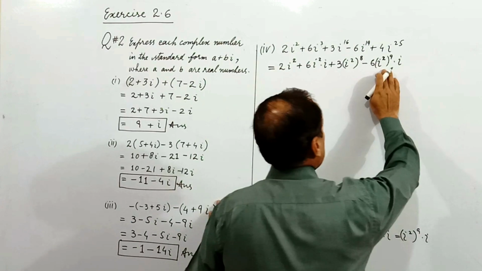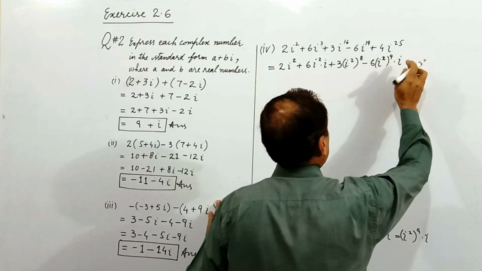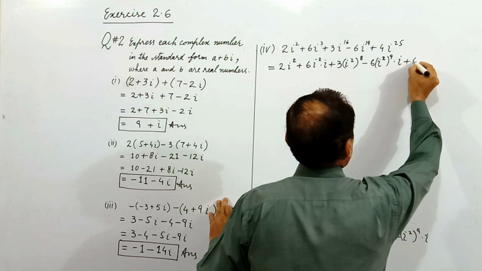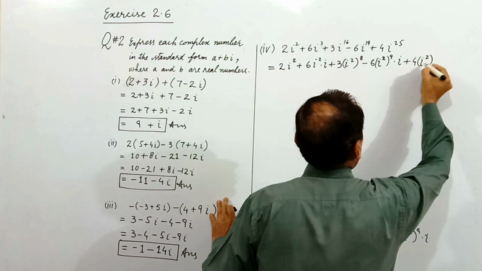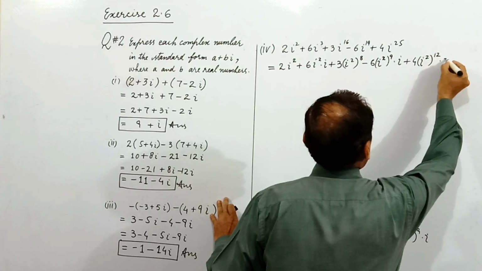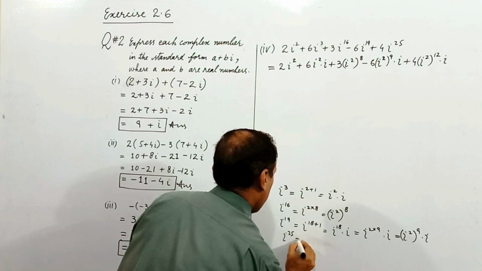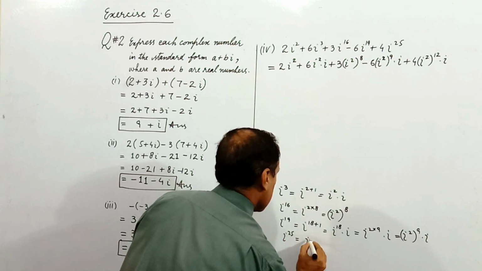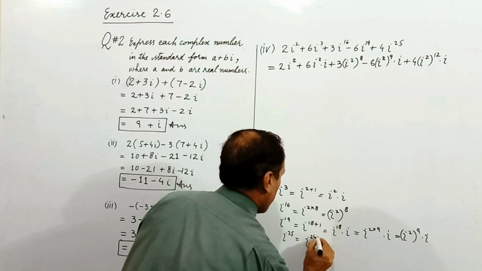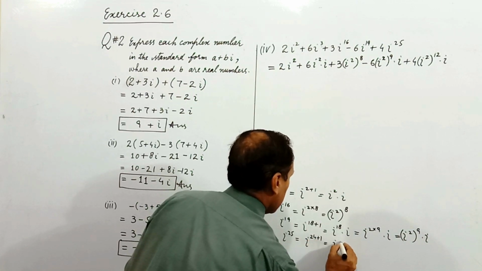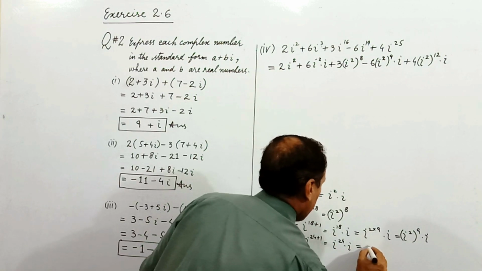So that is why we write iota 19 equal to iota 2 raised to power 9 dot iota. Next, the final term, 4 iota 25 can be written as 4 iota square whole power 12 dot iota. Iota 25 can be written as iota raised to the sum of powers 24 plus 1, iota 24 dot iota, according to the law of sum of powers.